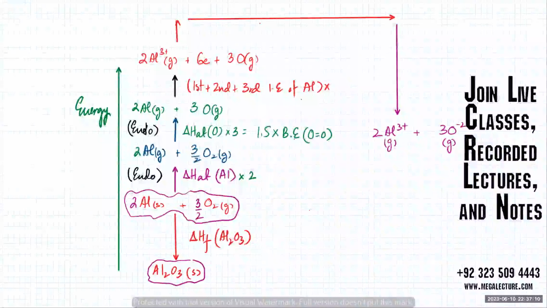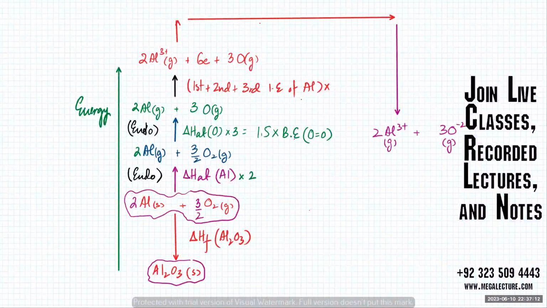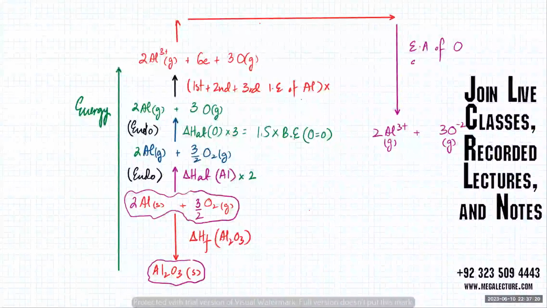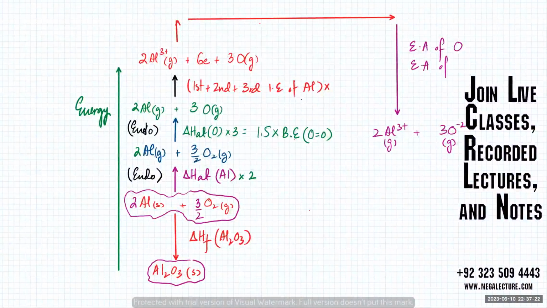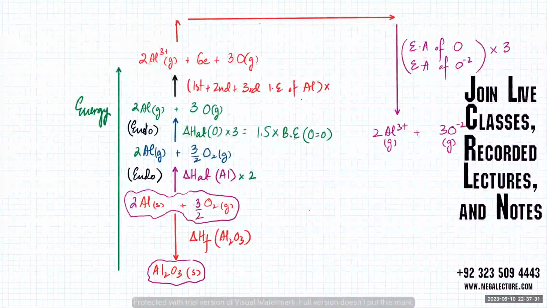And that's about it. So what is that? That's the electron affinity of oxygen and the electron affinity of oxygen minus 1. Oxygen is basically trying to gain 2 electrons. And that's multiplied by 3 because you got 3 oxygens doing that. Is this clear?